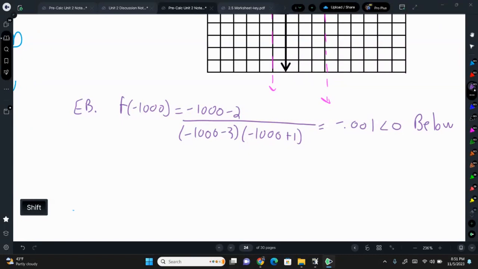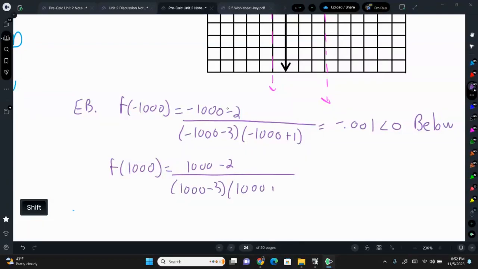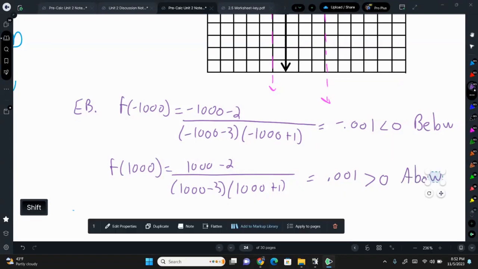So it's going to be below. Then f of positive 1,000 is going to be 1,000 minus 2 over 1,000 minus 3 times 1,000 plus 1. And that gives us positive 0.001, which is greater than 0, so above.